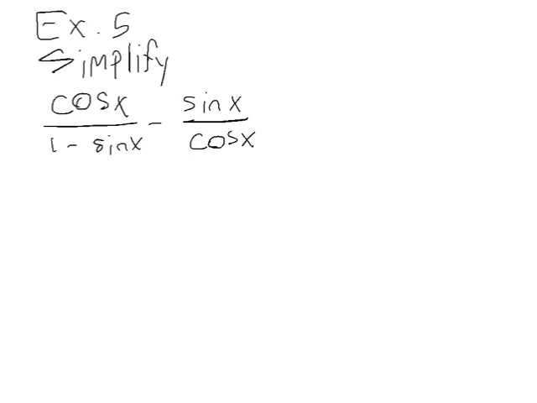Simplify cosine x over 1 minus sine x and 1 minus sine x over cosine x. So on this one, what you're going to need to do is get a common denominator. So let's go ahead and multiply the right-hand one by 1 minus sine x on the top and on the bottom. And let's multiply the left-hand one by cosine x.